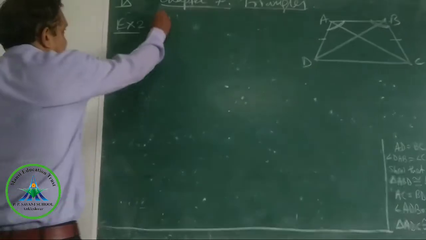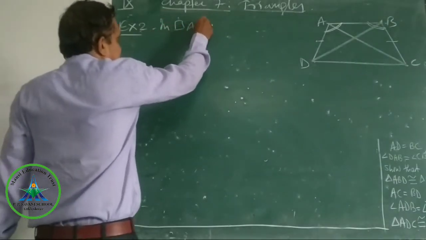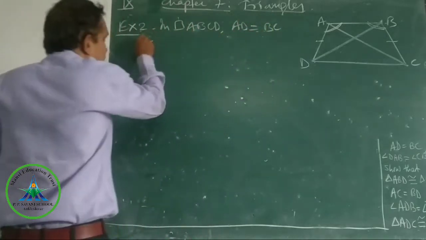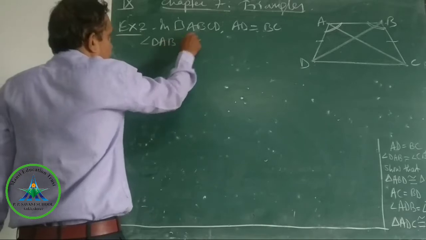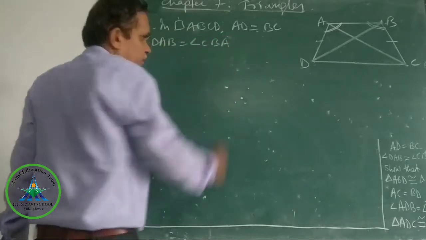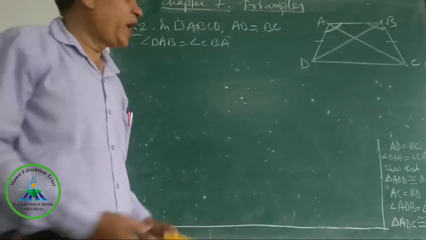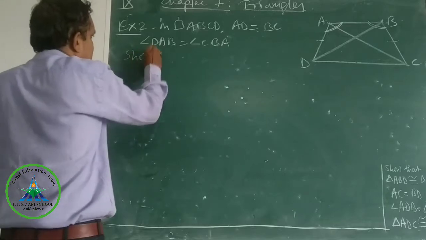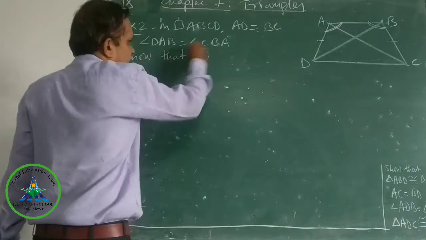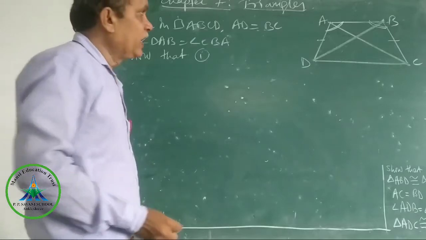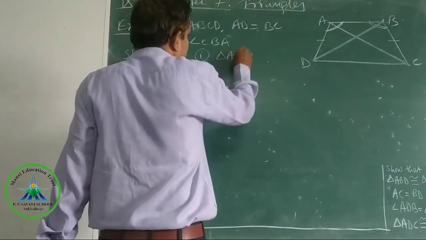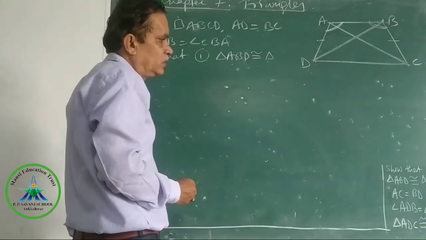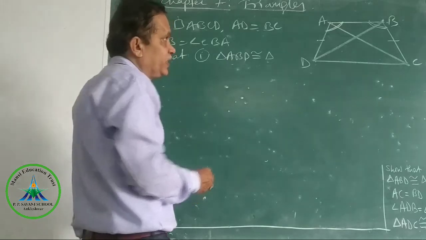Now see quadrilateral ABCD. AD equal to BC. Angle DAB equal to angle CBA. Show that: number one, triangle ABD is congruent to triangle BAC.